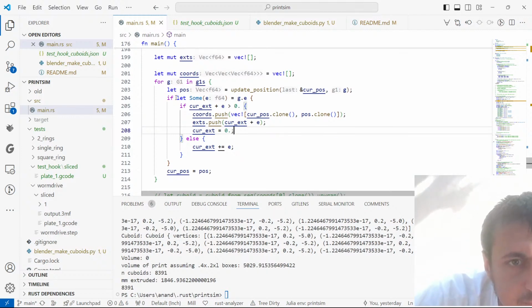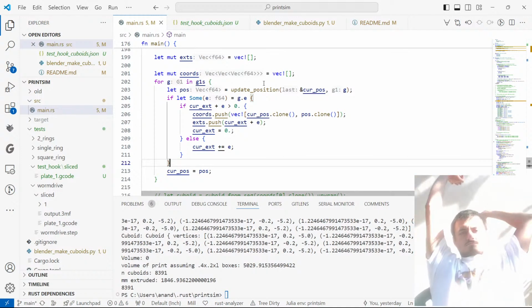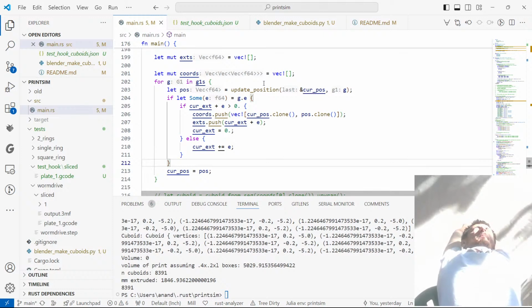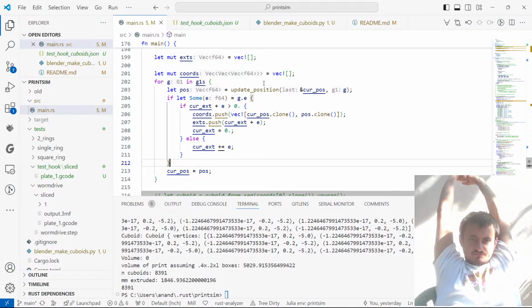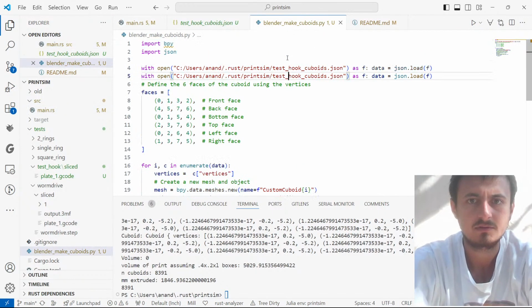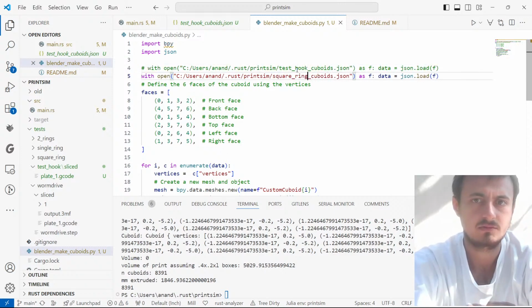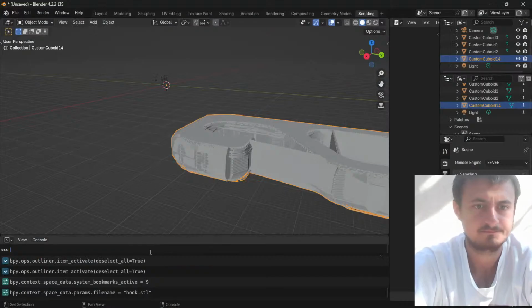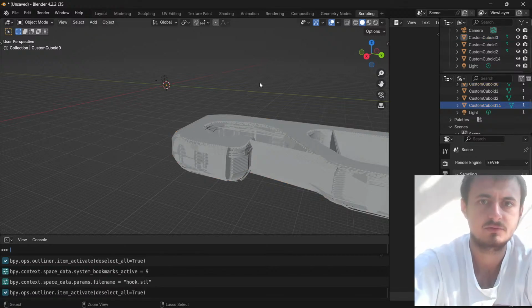That seems right. Can we look at, just do new.